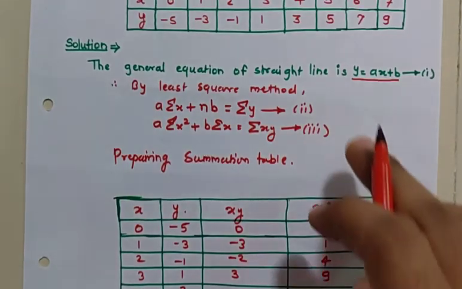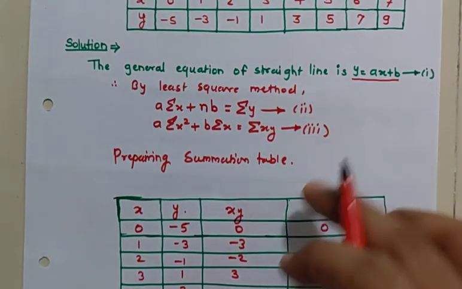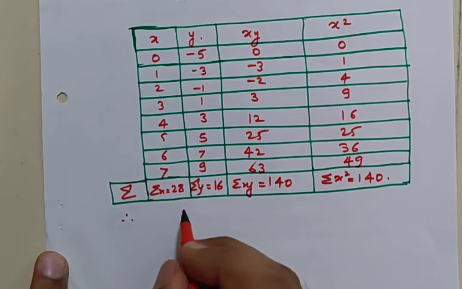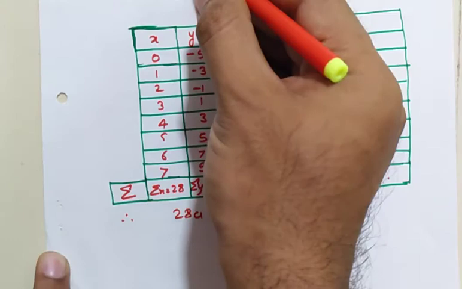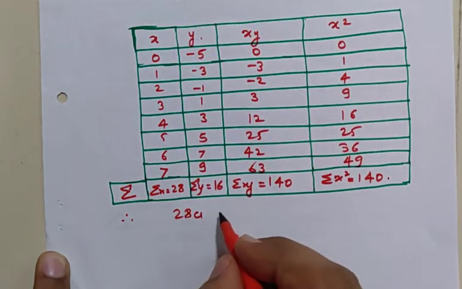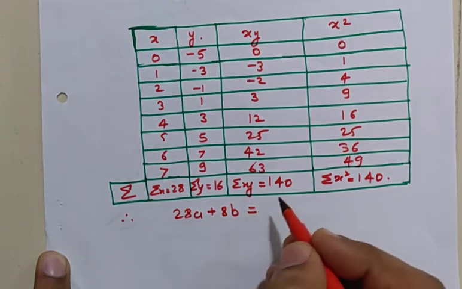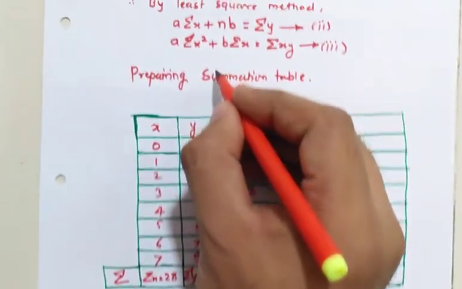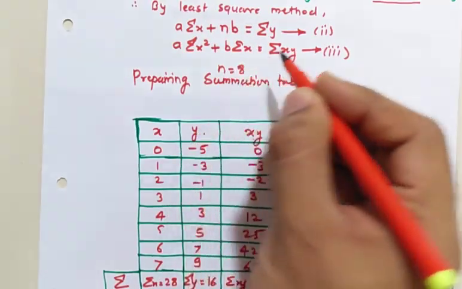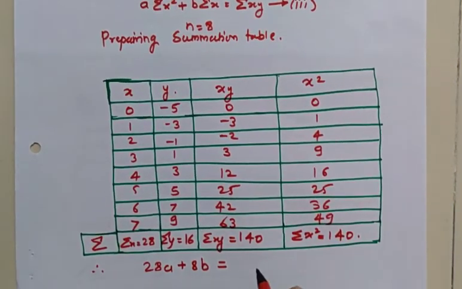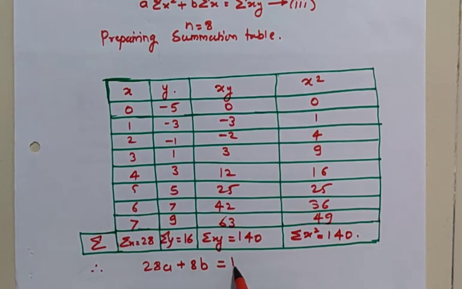So now from equations 2 and 3 and from the summation table we have the characteristic equation like this. Summation x times a, so it is 28a, plus nb, so it is 8b, as n value is 8, so 8b is equal to summation y, which is 16.